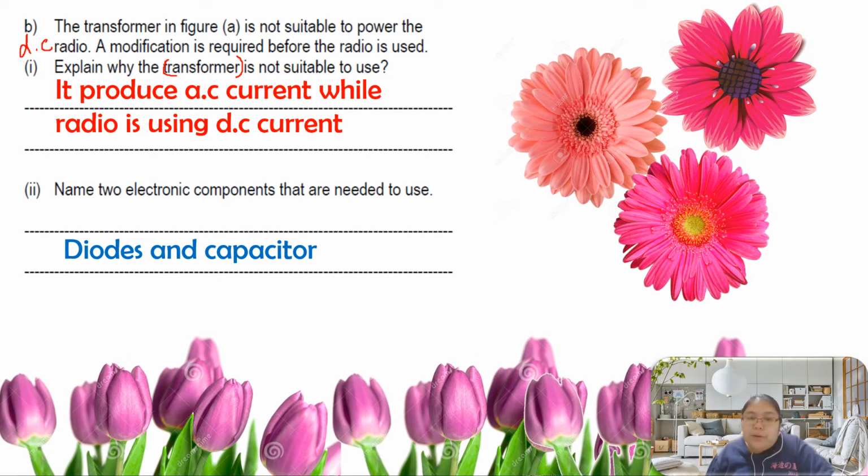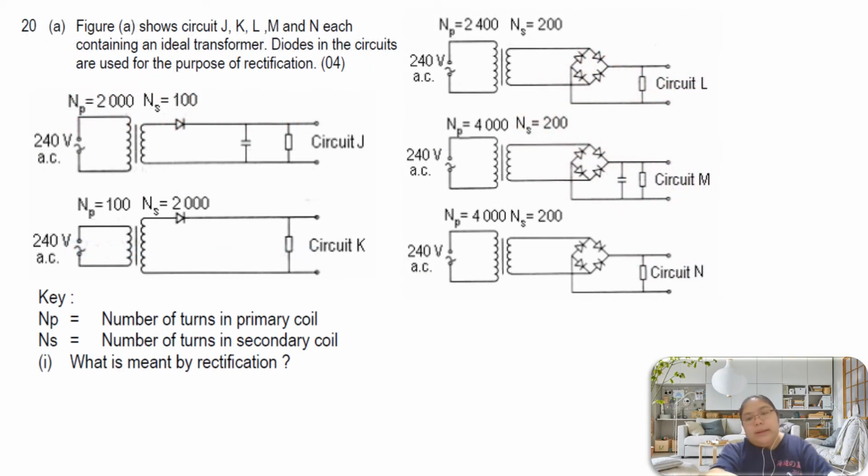Okay, then we go to the last one. The last one is an essay question, a 10 marks question. Okay, now we go and see this type of question. They show you J, K, L, M and also N containing an ideal transformer. The diodes in the circuit are used for rectification.